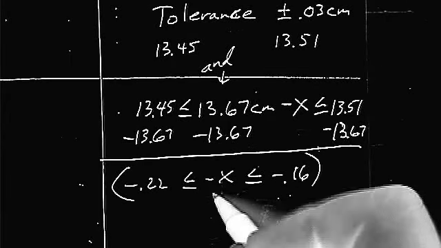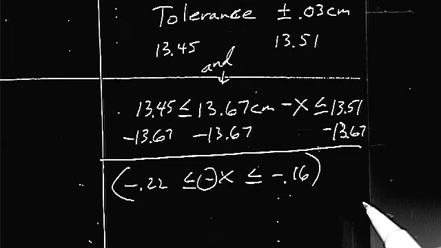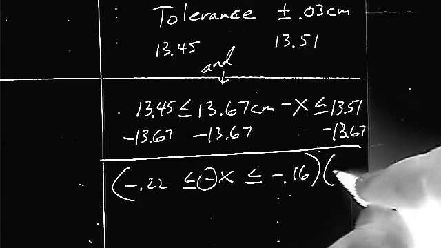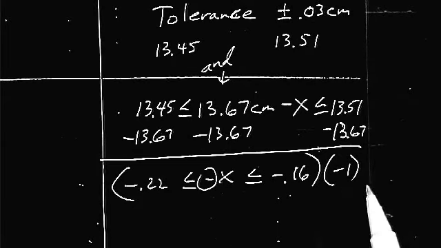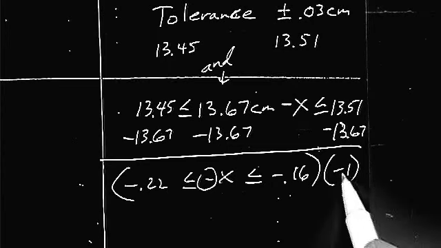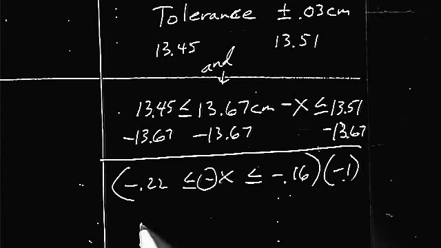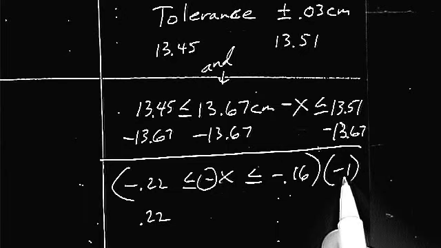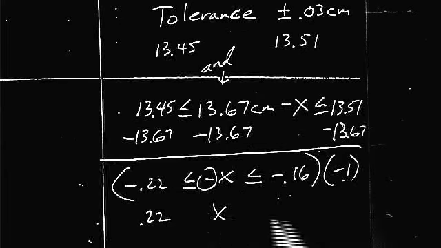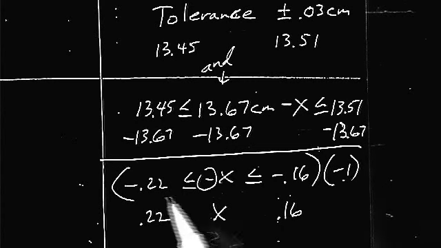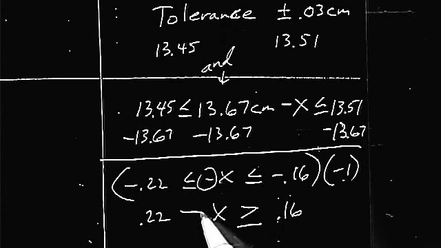What should we multiply by to get this to be gone? Oh, yep. Multiply the entire inequality by negative 1. So when I take negative 1 times negative 0.22, I get 0.22. When I take it times negative x, I get positive x. When I take it times negative 0.16, I get positive 0.16. When you're multiplying by a negative number, signs must switch.